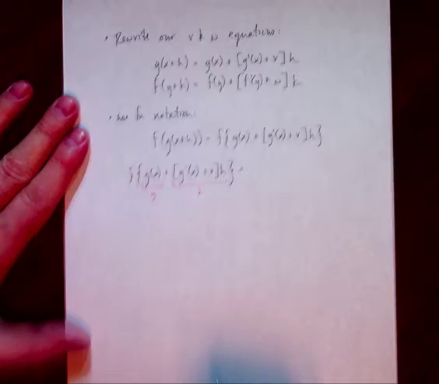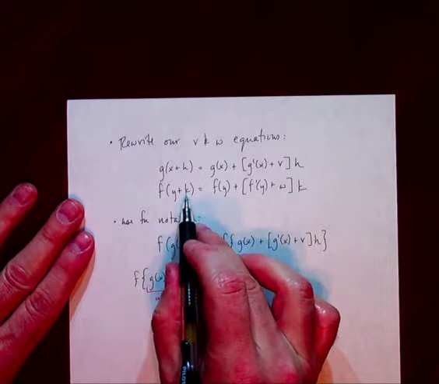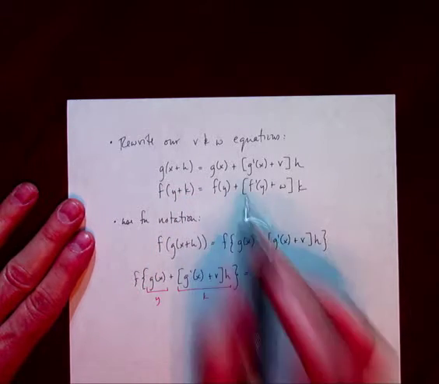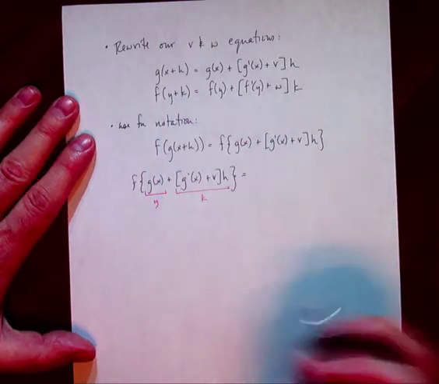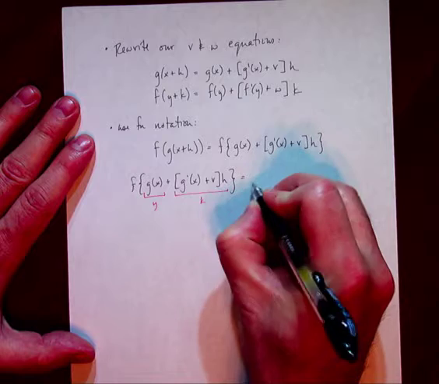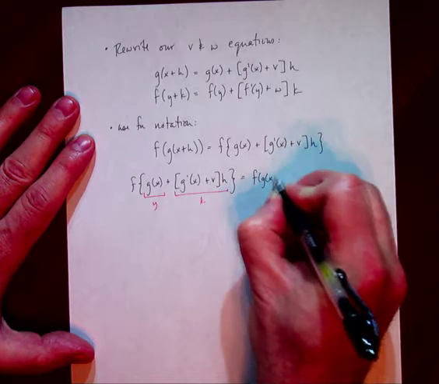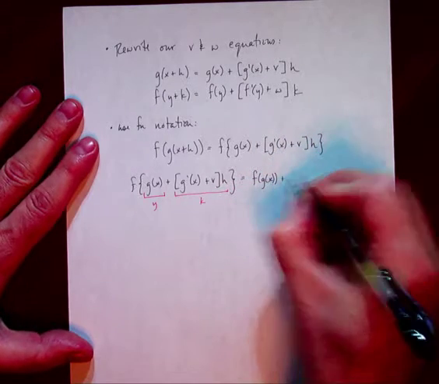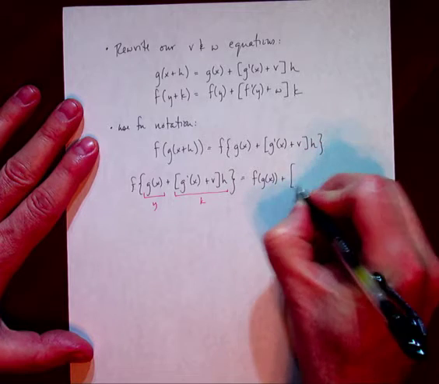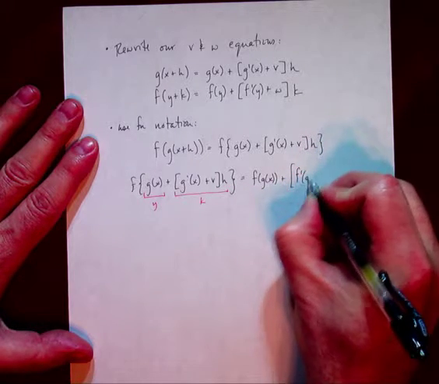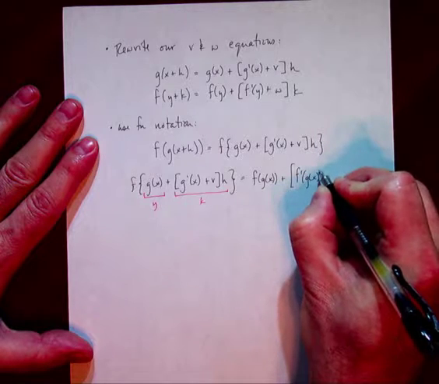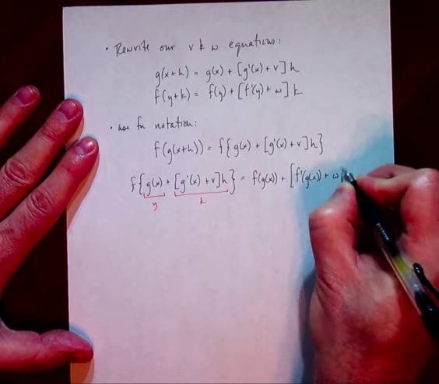So remember, f of y plus k. And then we're basically going to take these two quantities as y and k and create f of g of x plus f prime of g of x plus w.